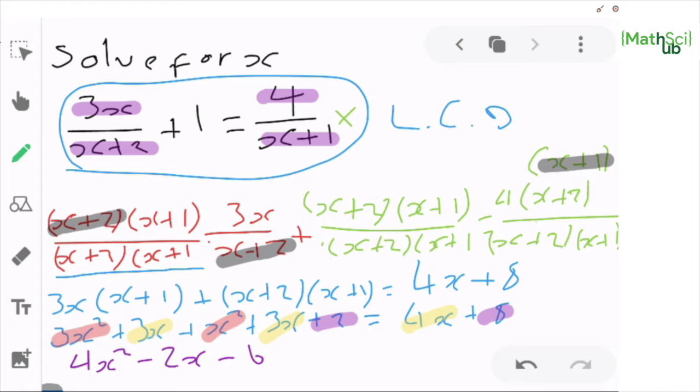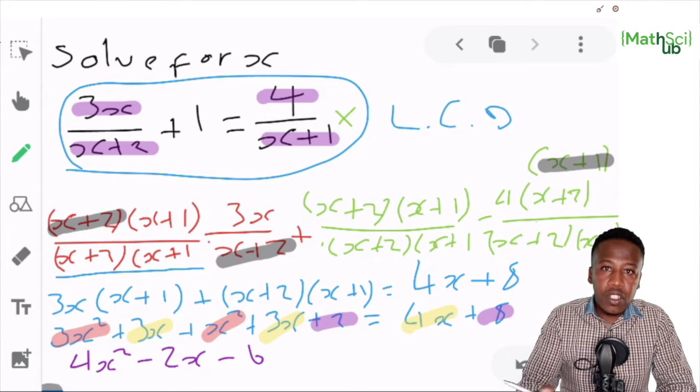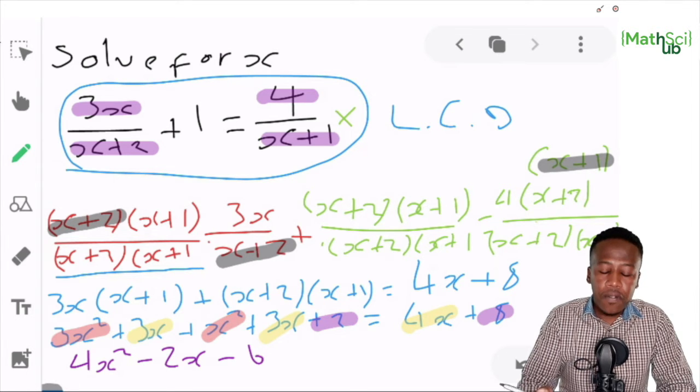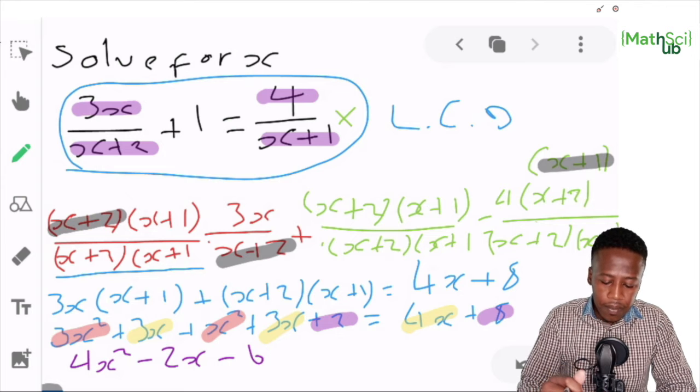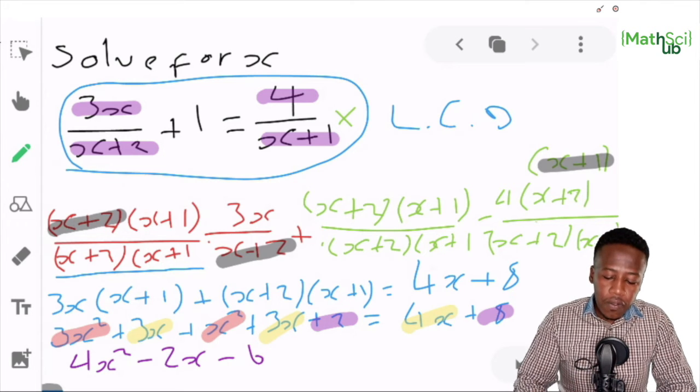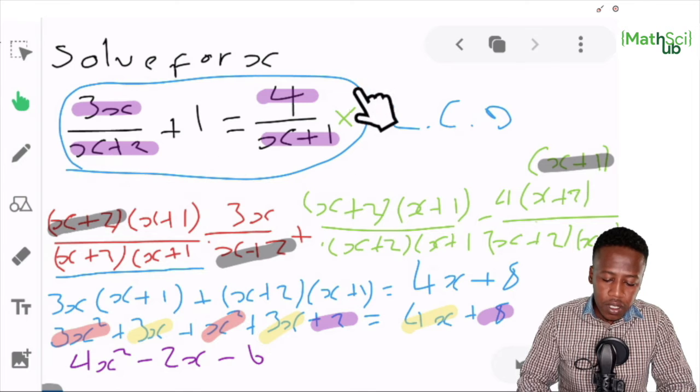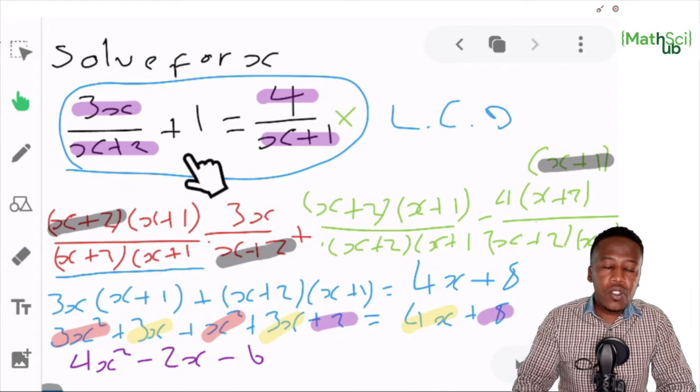Now, before we continue trying to get our factors for this sum, if you have an expression which is fraction based, what you need to do is to find your restrictions.